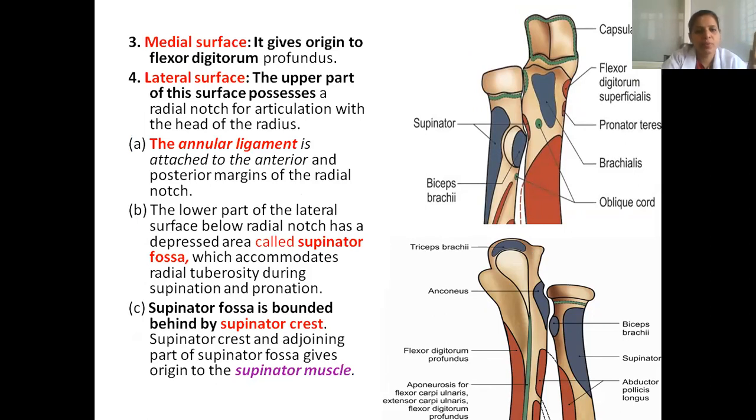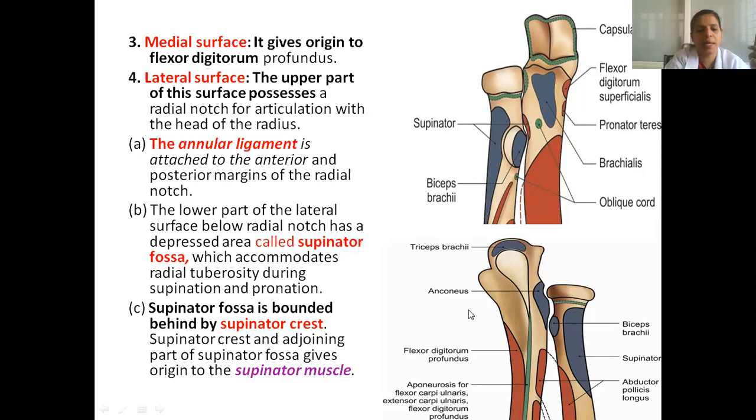Then coming to the various surfaces, the medial surface gives origin to flexor digitorum profundus. Okay, lateral surface, the upper part of this surface possesses a radial notch for the articulation of the head of the radius.